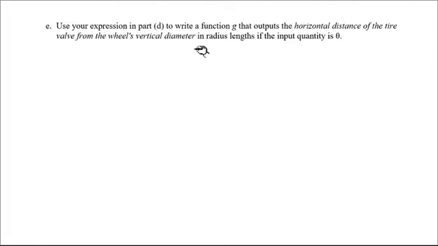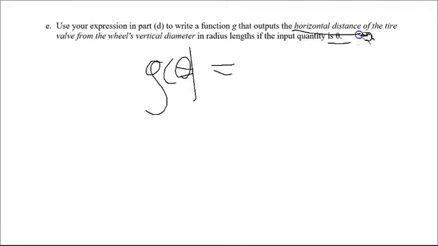And so here we want a function, using our expression from part D, to write a function that we call g, where the input quantity is theta, the argument is theta, and we want it to relate the horizontal distance of the tire valve from the vertical diameter.